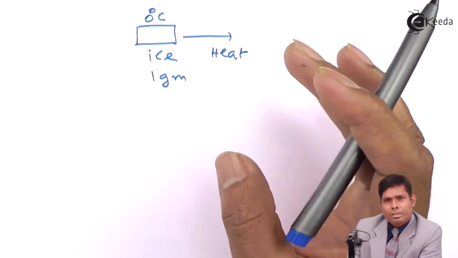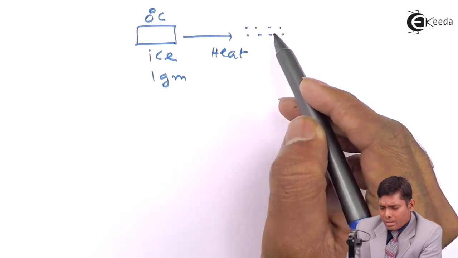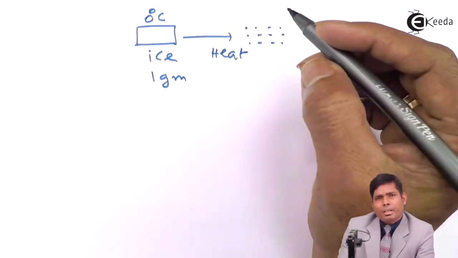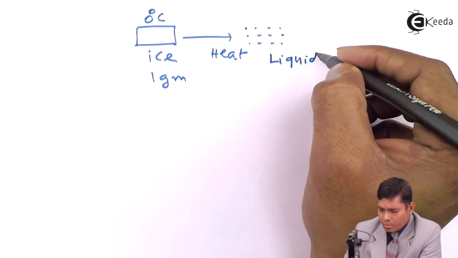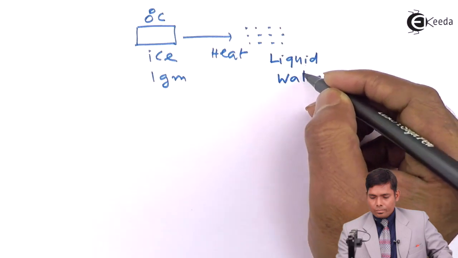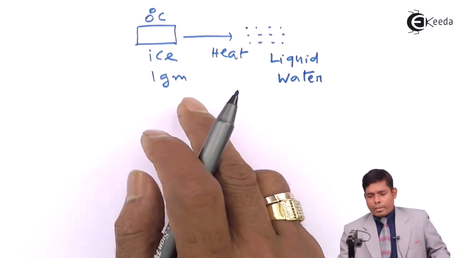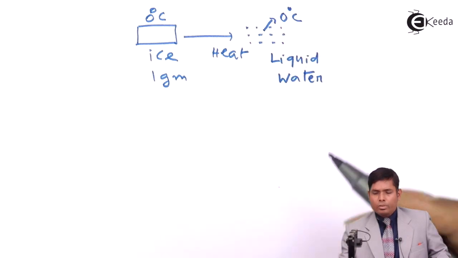I'll just keep on increasing the amount of heat. So how much heat is needed to completely melt the ice? So this is liquid water. So to convert 1 gram of ice to liquid, its temperature will remain same, 0 degree centigrade.